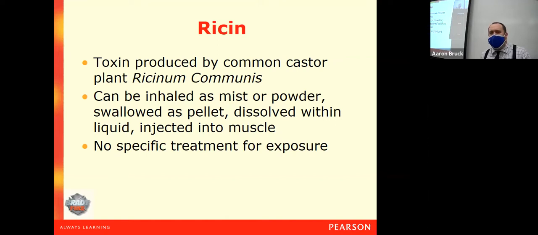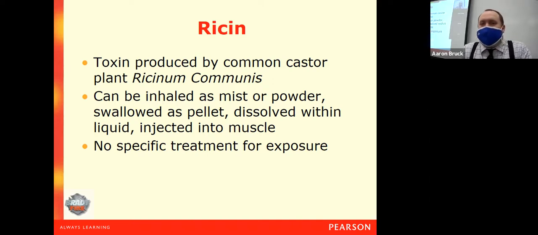Another common form of biological agent is something called ricin. Ricin is not a bacteria itself. It is a biological agent, however. It is derived from a particular variety of the castor plant, Ricinus communis.